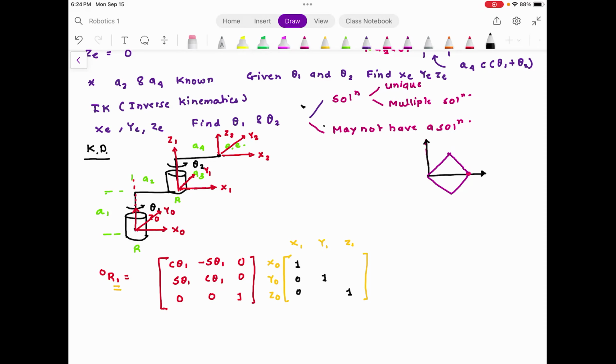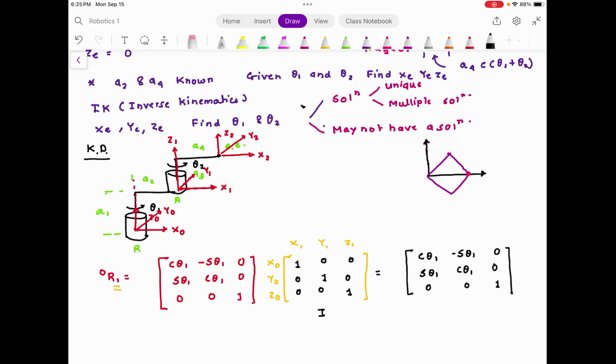So I get this unity matrix. Whenever you multiply a matrix by an identity matrix, you get the same matrix: cosine theta 1, minus sine theta 1, 0, sine theta 1, cosine theta 1, 0, 0, 0, 1.